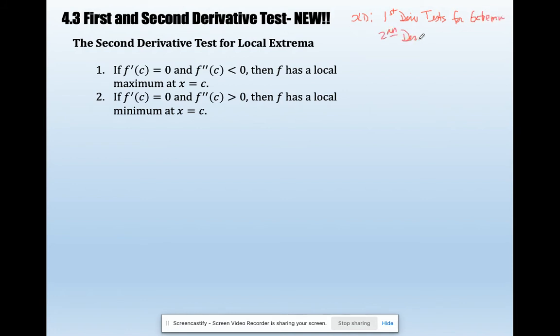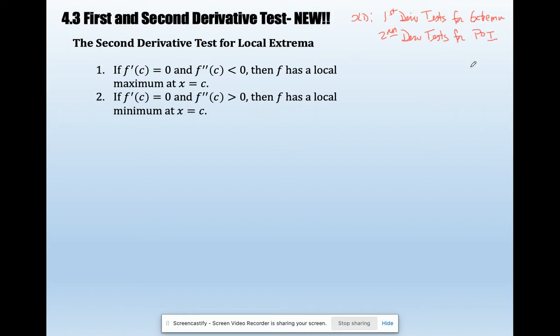Each one of those had a similar format, right? Extrema, which means you also get increasing and decreasing. Second derivative test for POI, meaning you also get concave up and concave down.